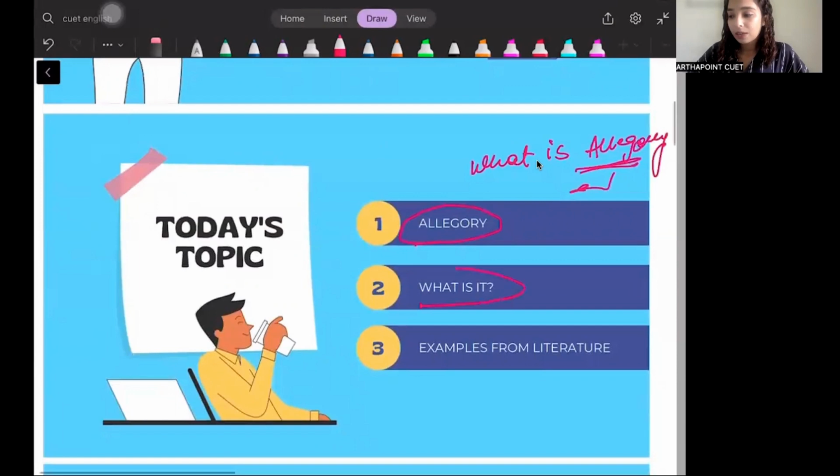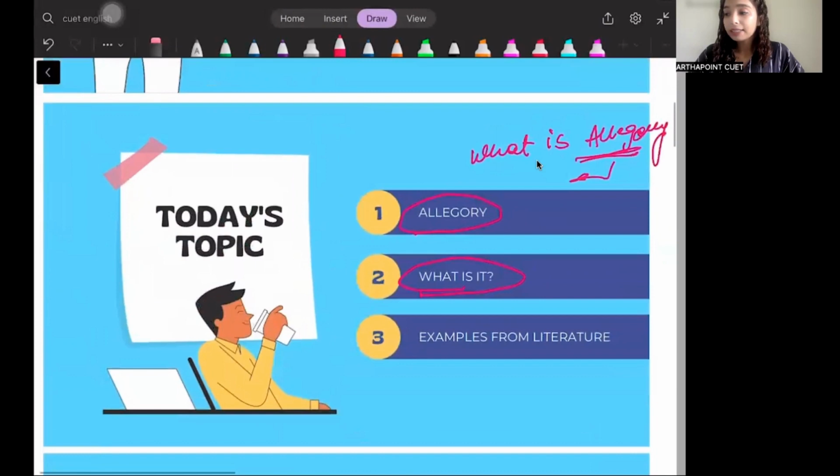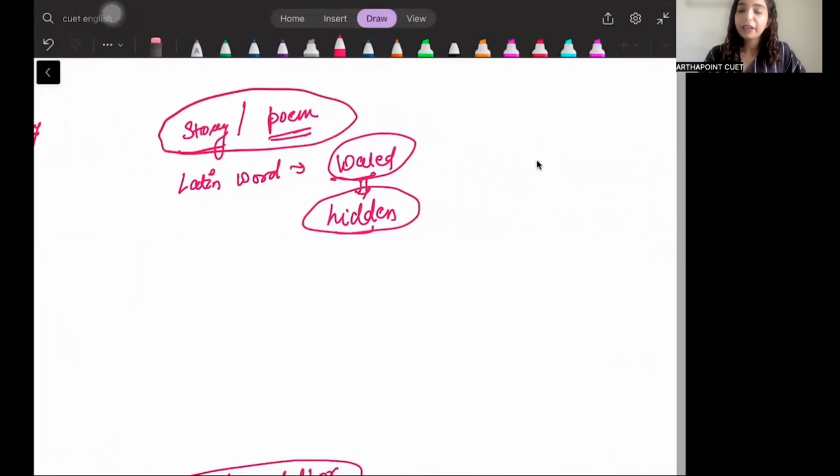Further, we would be discussing what allegory is, what its types are, and we will take its examples from literature and understand each example. Now let us move on by understanding what allegory is. Allegory is any story or poem or a picture that can be interpreted to reveal a hidden meaning, typically a moral or a political one.